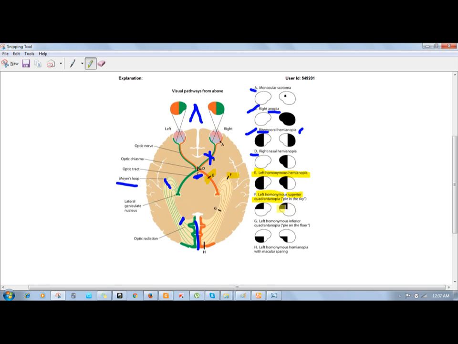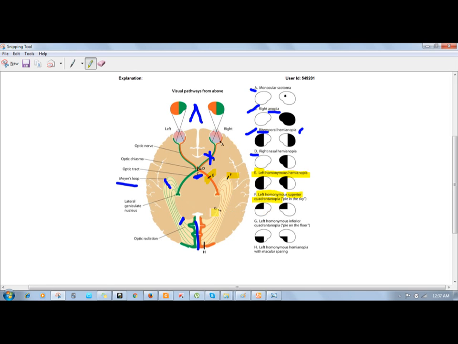So this is part of the left visual field of the right eye, and this is part of the left visual field of the left eye. So we are losing the upper half of our left visual field due to damage of the Meyer's loop.